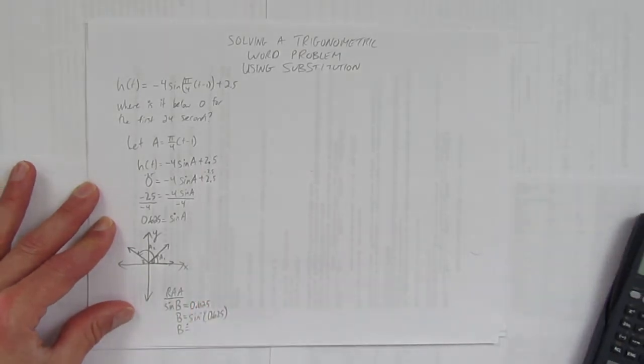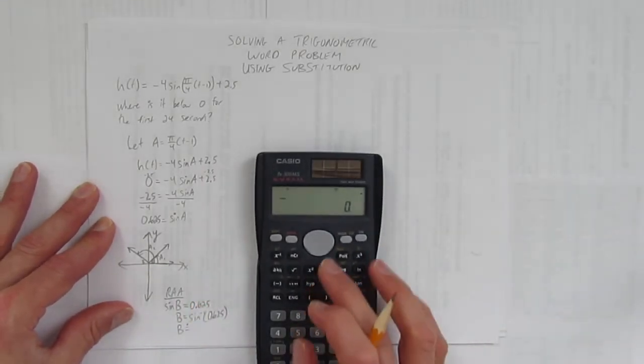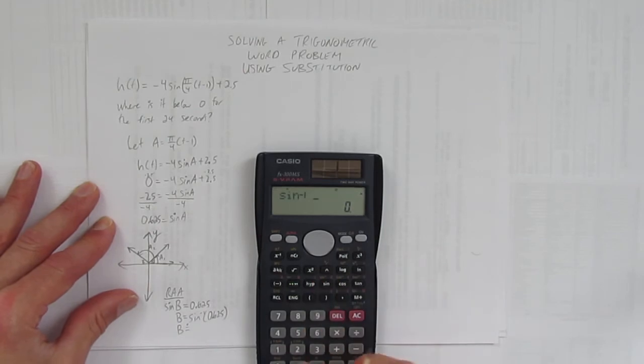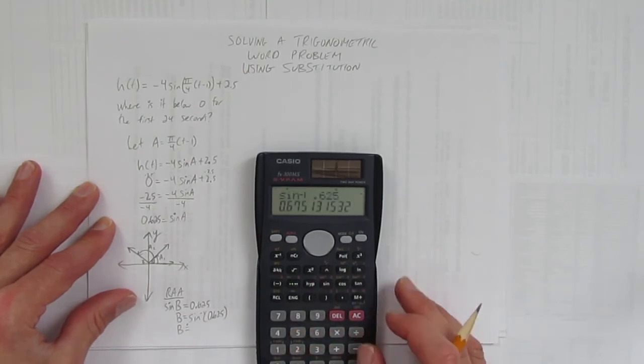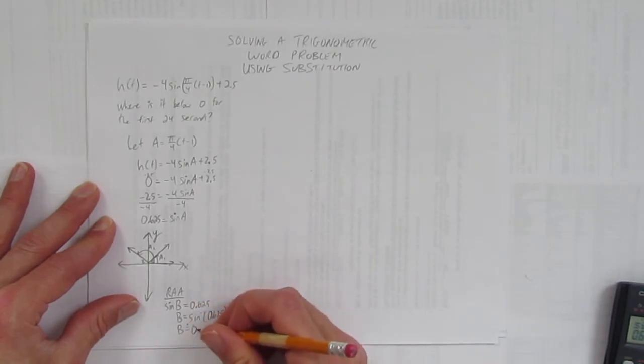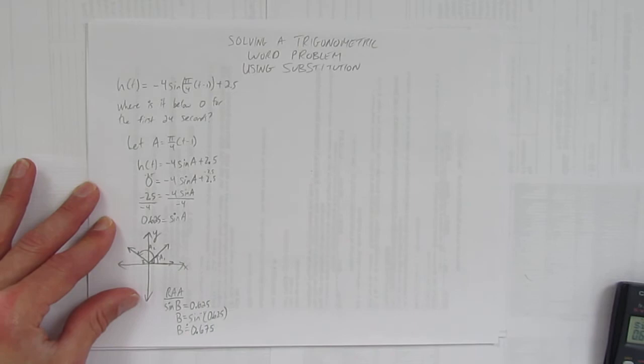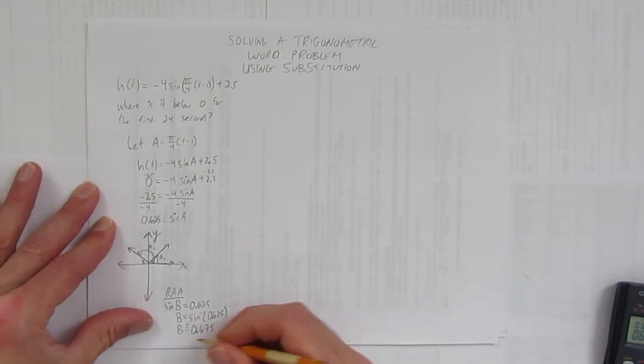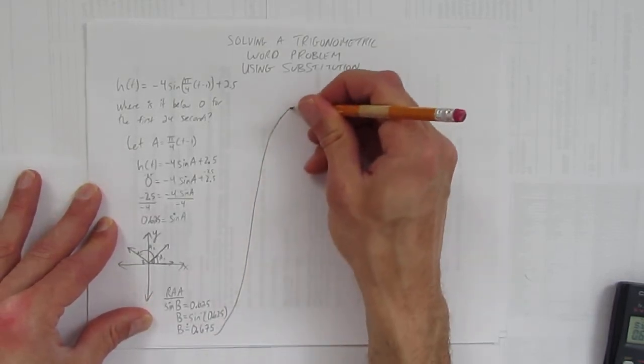Make sure your calculator's in radians, inverse sine of 0.625, and you get approximately 0.675. Don't worry that those numbers look similar, it's coincidence, just the way the numeracy works out. We've got a related acute angle of 0.675.